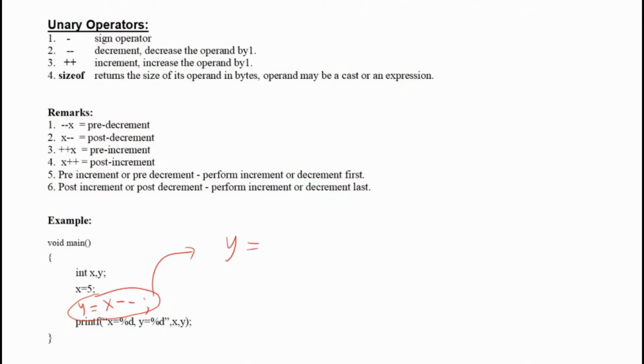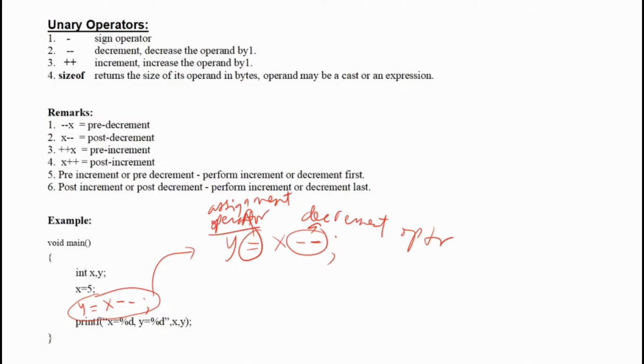You have y gets x minus minus, the decrement operator, and another operator here is this. This is called the assignment operator. So there are now two operators that you can find in this statement.